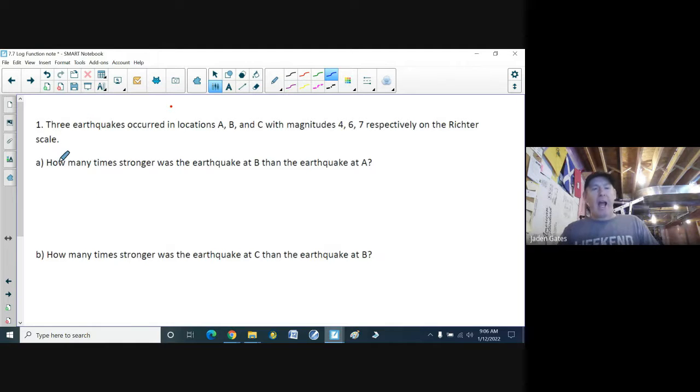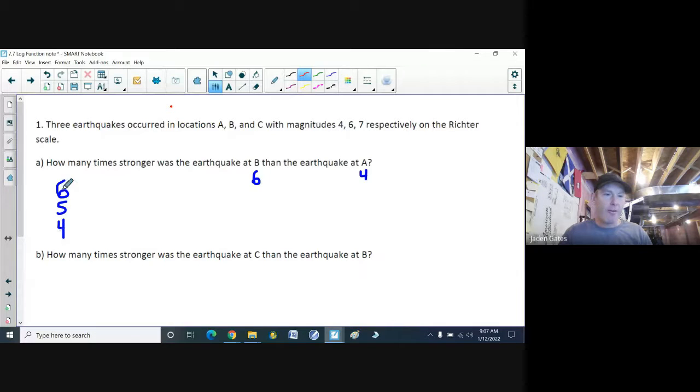Now, A, how many times stronger was an earthquake at B than an earthquake at A? All right, now A had a magnitude of 4. B had a magnitude of 6. Now, if I'm going to compare these two earthquakes, I'm going to draw a 4 here, then a 5, and then a 6. The reason I'm doing that is because the Richter scale goes up by 1s.